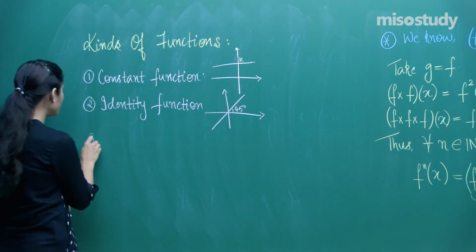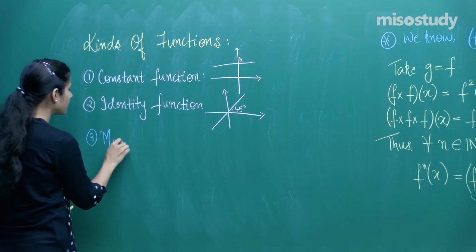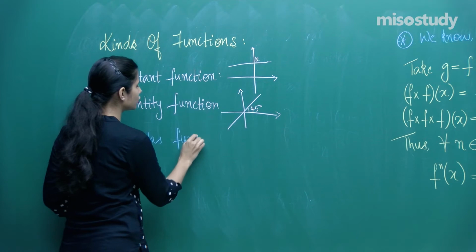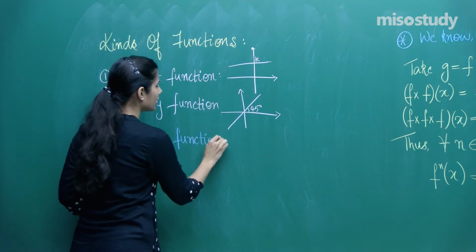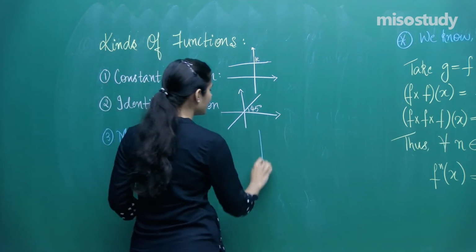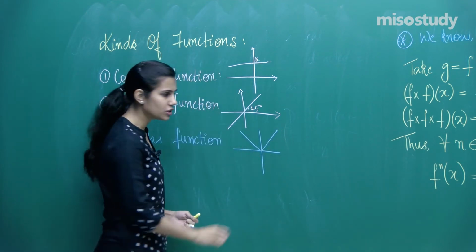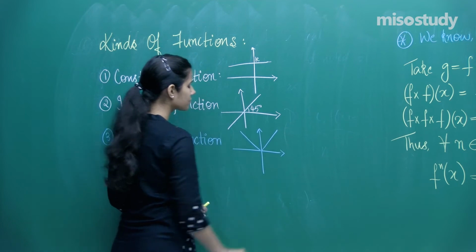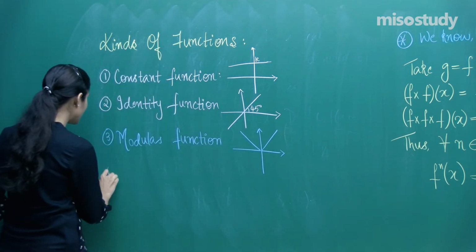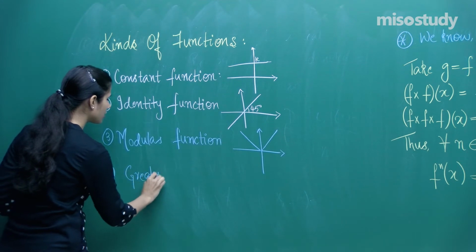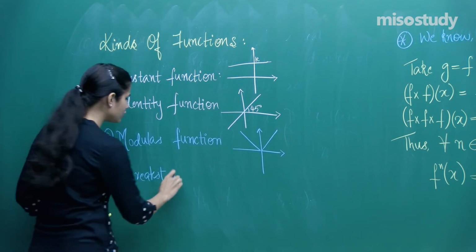The third function we dealt with was the modulus function, and that function had a V-shaped structure. The next function which we dealt with was the greatest integer function.